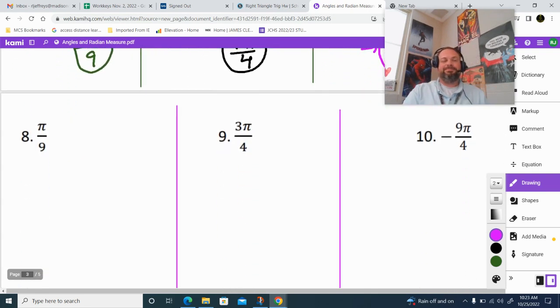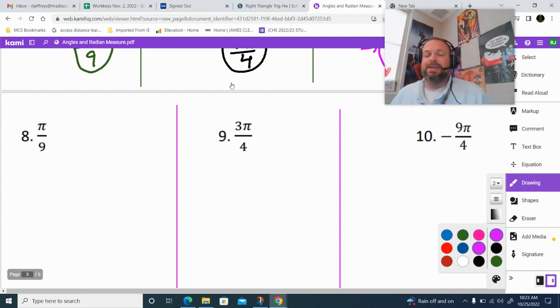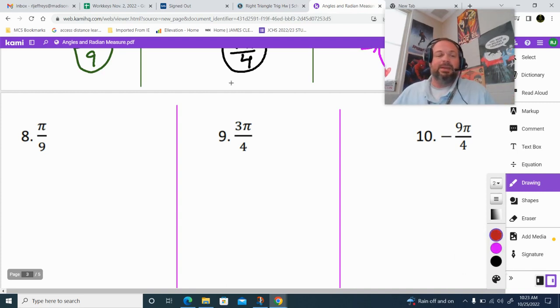Now, this time, instead of multiplying by pi over 180, we're actually multiplying by 180 over pi. So 180 over pi. I would get 180 pi over 9 pi.